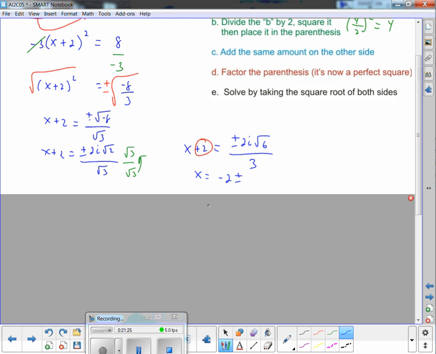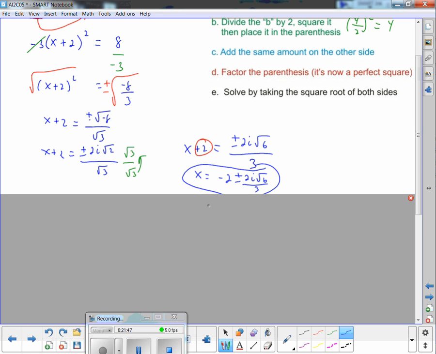And if you were going to write this technically, you would rearrange it a little, but I'm just going to leave it. Plus or minus 2i times the square root of 6 over 3. And that's both solutions. And those are exact answers. So really you have negative 2 plus 2i times square root of 6 over 3, and negative 2 minus 2i times square root of 6 over 3. Hunter?